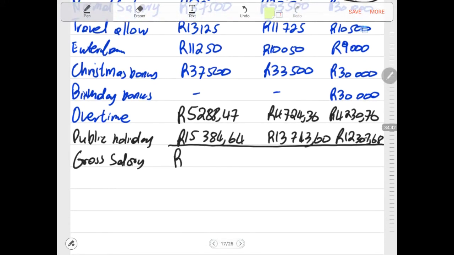Now our gross salary is 120,048 rand 8 cents. And here we have 107,242 rand 95 cents, and it will be 96 cents here because of the rounding off that I know of.